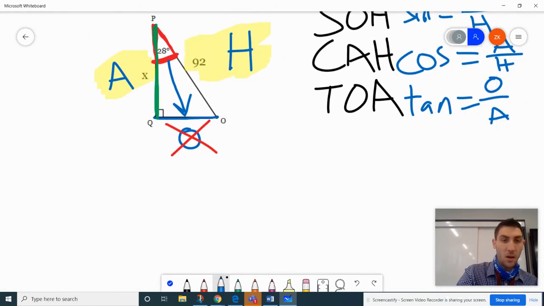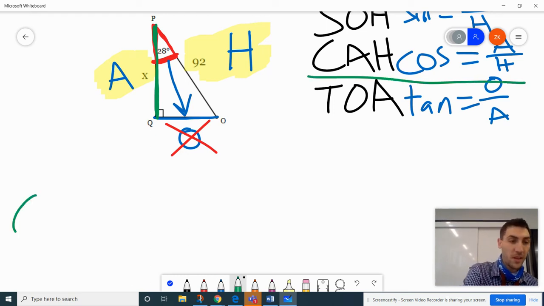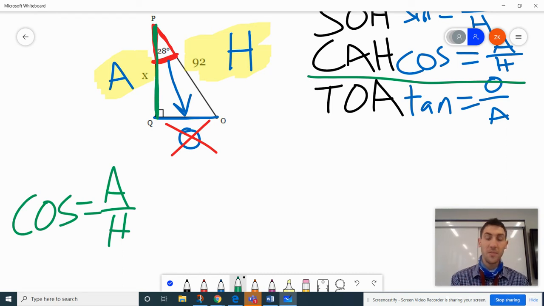So the next step would be to fill it in. So again, we are using cosine. We can write that as cosine is equal to adjacent over hypotenuse. We want to throw in the information that they give us here. So the 28 degrees, the side x that we're trying to find, and the side 92.